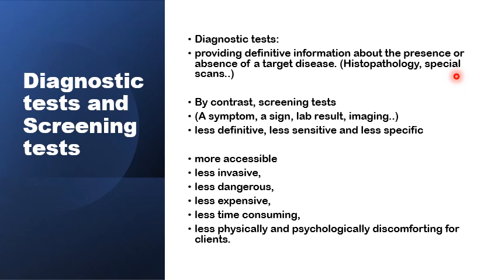By contrast, there is another group of tests, collectively called screening tests. They may be a symptom, like, for example, anosmia in a COVID suspected patient, a physical finding, a laboratory result, or an imaging modality. This type of tests provide less definitive, less sensitive, and less specific information, but they may still be very useful because they have other advantages.